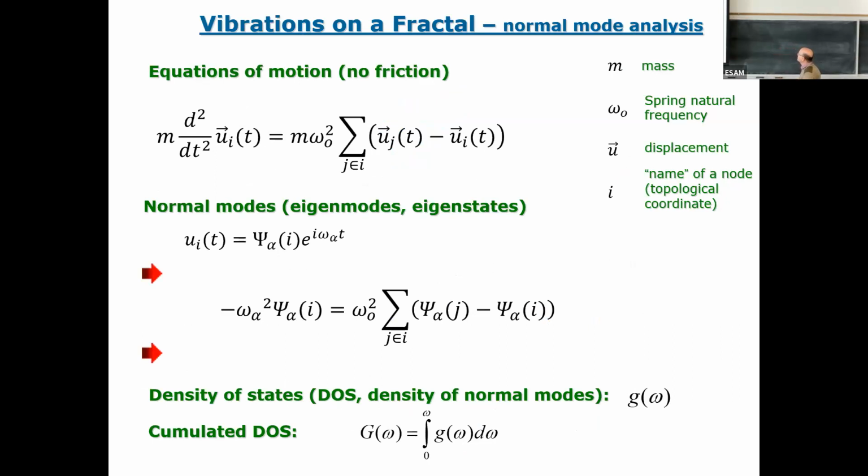I mean simulations. So if you wouldn't have friction, these are the equations of motion for vibrations in the network. You have a certain network, whatever the network, it doesn't have to be a fractal. We look for the normal modes, as you know, and the normal modes obey this kind of thing. And this sum is over those nodes j that are connected to i.